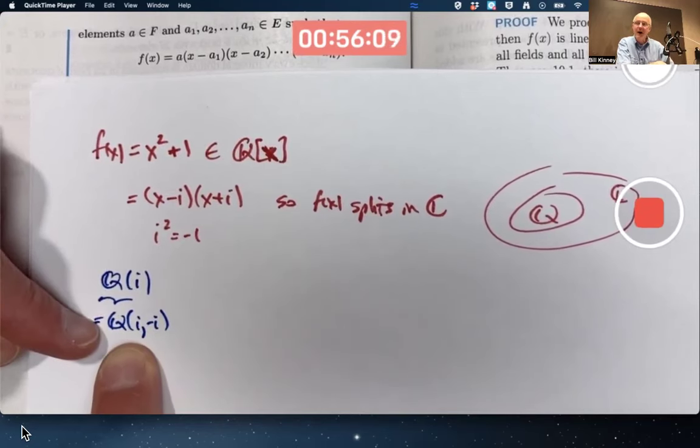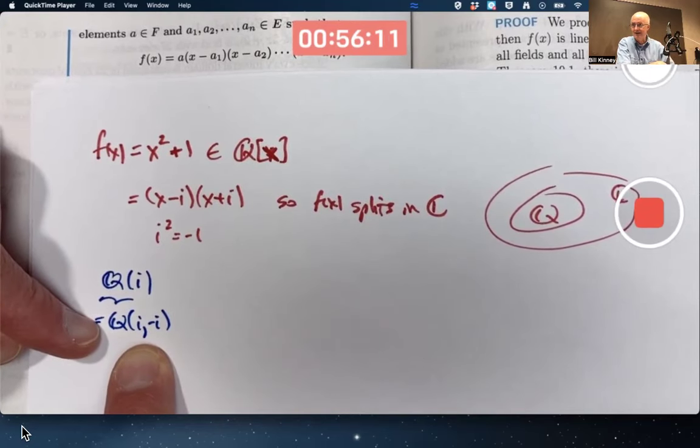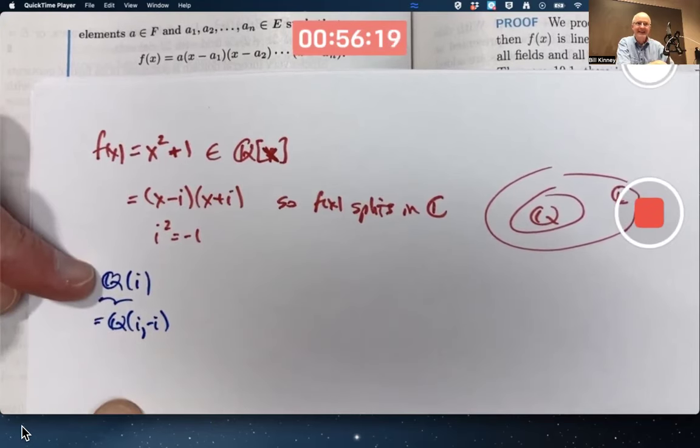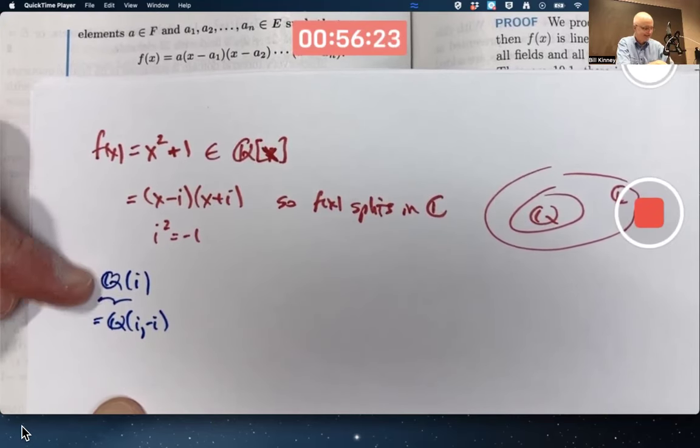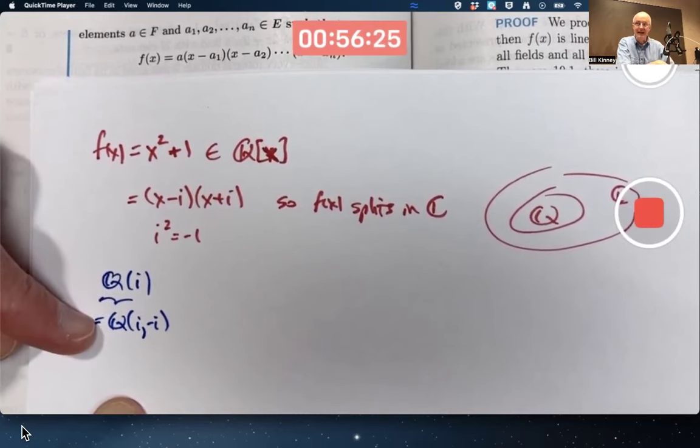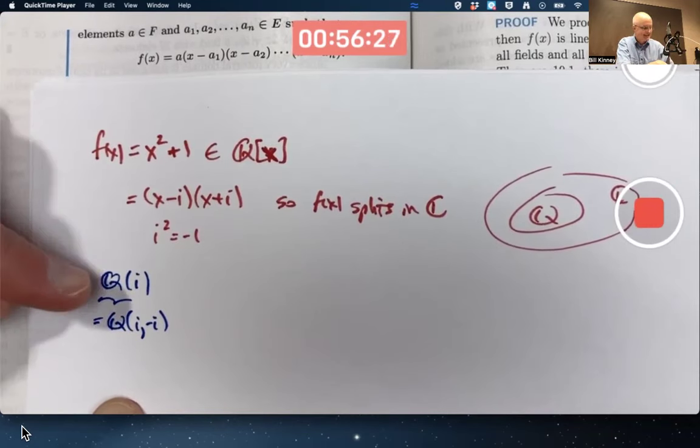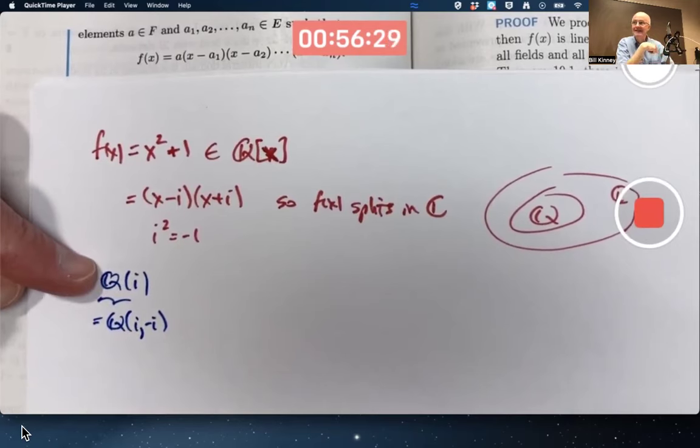Because this is the smallest subfield of C containing all the rationals, i and negative i. So if this one contains negative i, then that smallest one's got to be a subset of that. Does this contain negative i? Yes, because it contains i and it's a field. So it contains negative i.